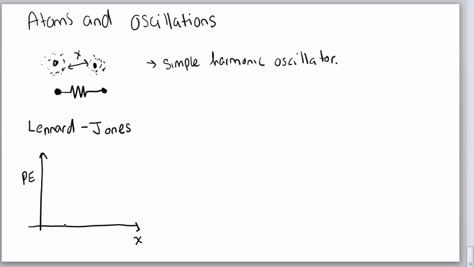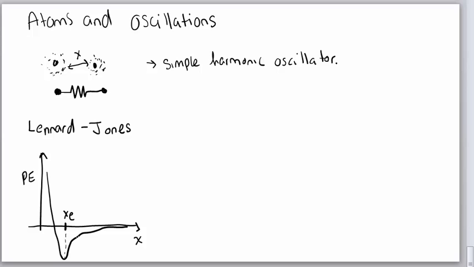We might remember that in the Lennard-Jones approximation that we saw before, there was some separation xe, and the potential curve looked something like this, and there was a minimum there at xe, and then it came up like this and approached 0.